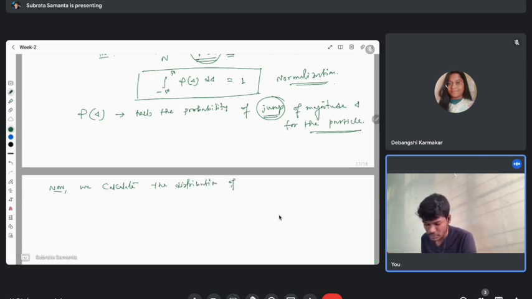The distribution of particles at time t plus tau, from a distribution at time t.